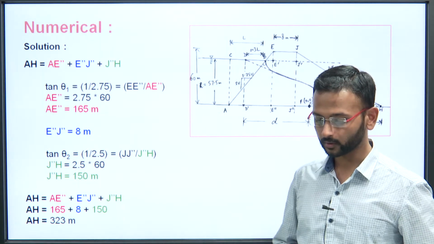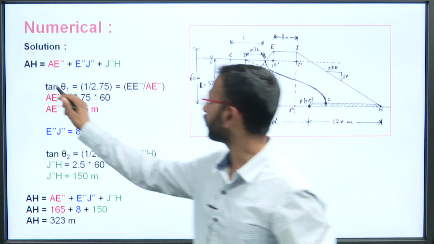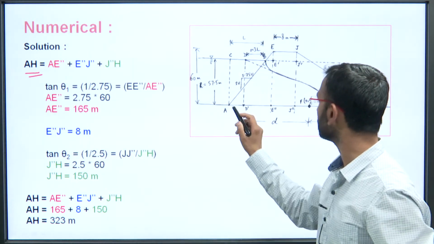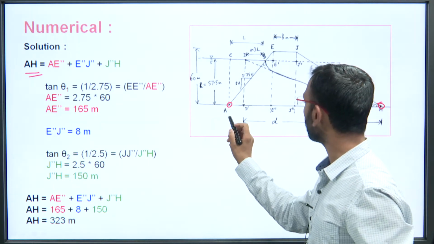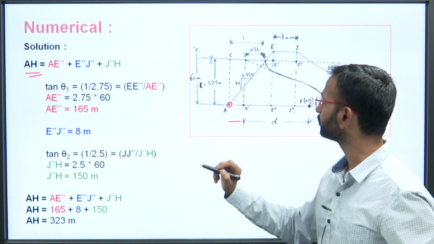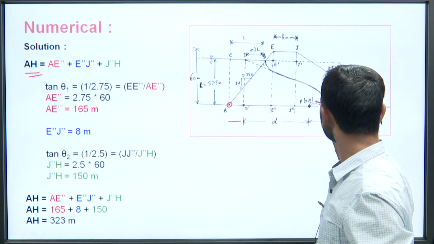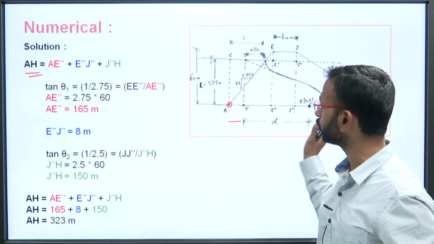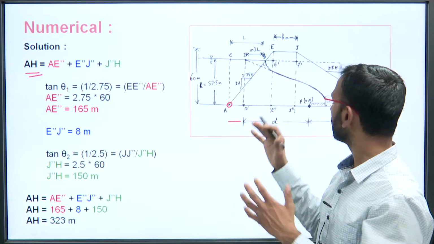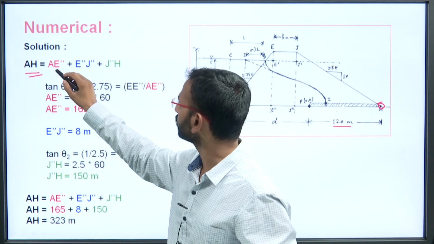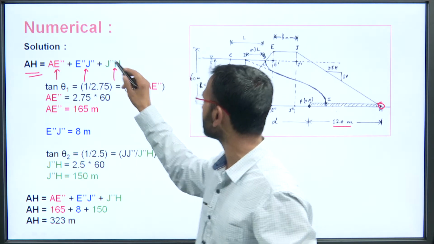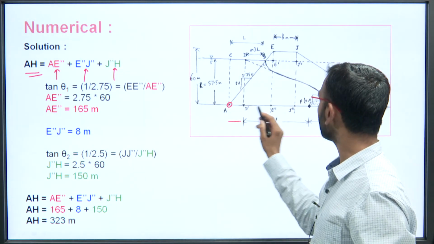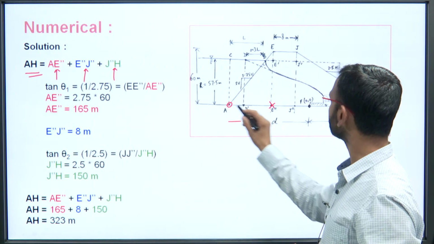So, to find out AH, let us see what is AH. In the figure, see, this point is A and this point is H. So, I told you that you have already found out this AD dash, you know this thing. Now, this FH is known to you, that is 120 meters, but we are breaking it into 3 terms: AE double dash, E double dash J dash and J double dash H. So, see this thing, A to E double dash, this one.